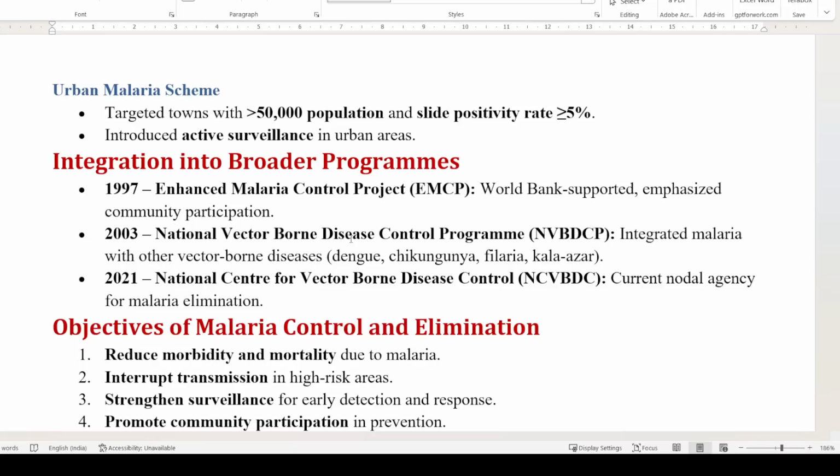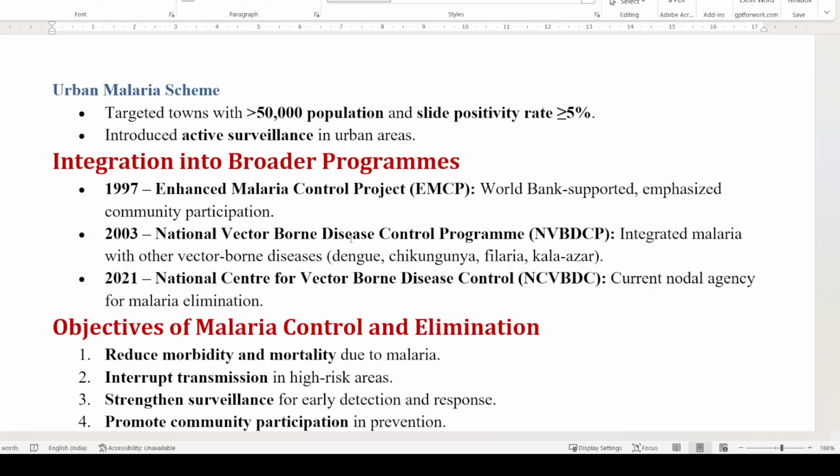So in 1997, the Enhanced Malaria Control Project was launched, supported by the World Bank, and it emphasized community participation. The major thing in community participation in malaria control is that if you have adequate number of plants in your house, you have to go for malarial control measures.